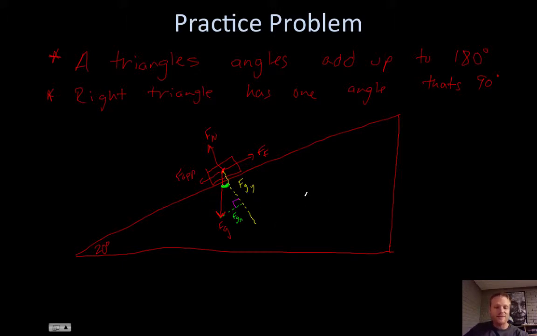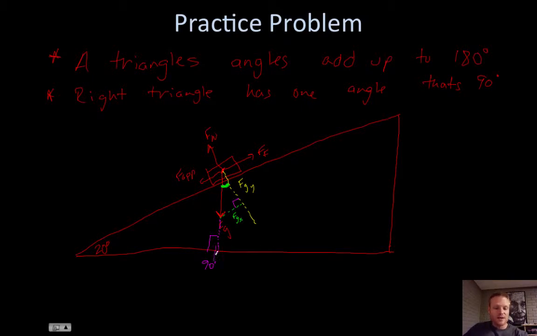The best way I've found to figure out this angle here, the one in green, is to extend your force of gravity line all the way down to the base of the inclined plane. And I've made another right angle here. Okay, that right angle is 90 degrees, right?